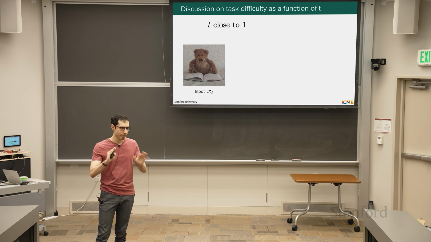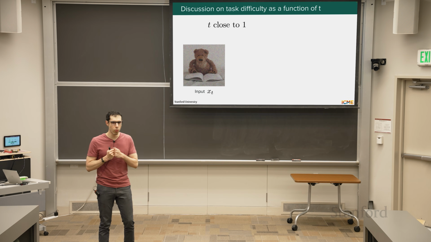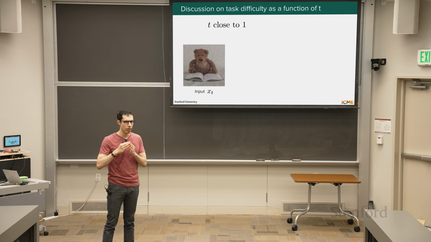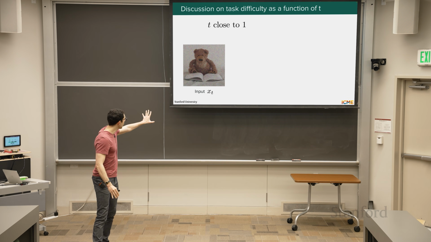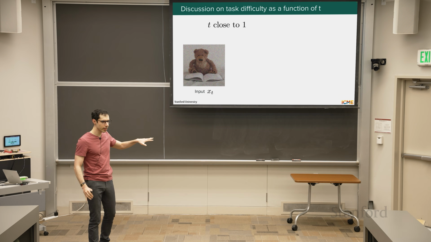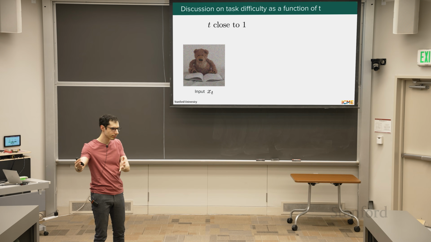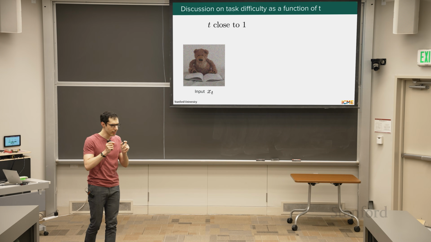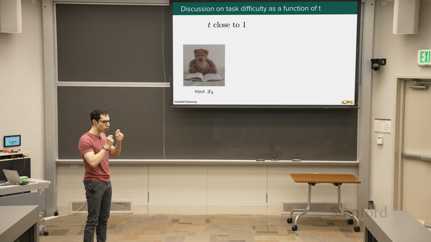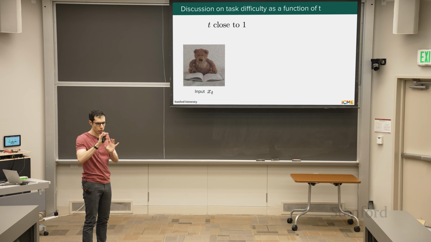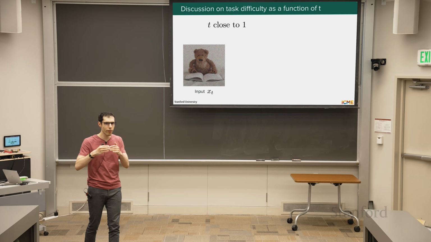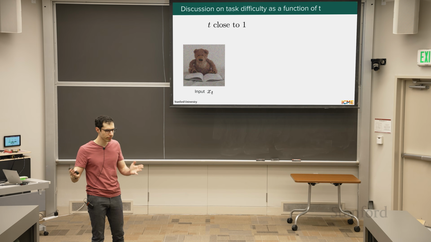So let's try to think. When t is close to 1, what that means is that the input xt is already almost clean. So we're almost there. What that means is you only need to make a few tweaks to little details to have a fully denoised image.